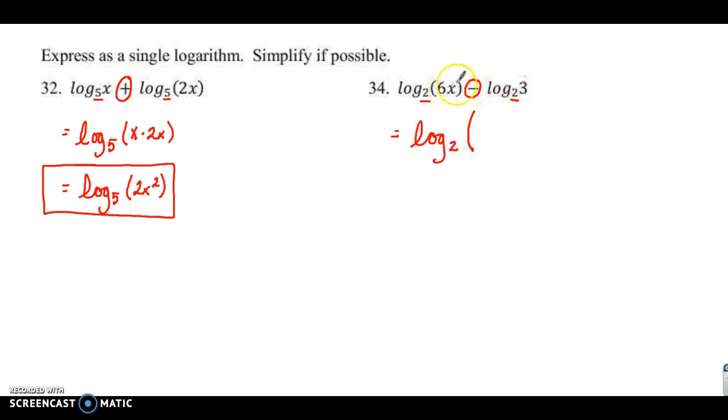And then I'm going to be subtracting, or in this case, dividing 6x divided by 3. Which I can clean up a little bit, and I'll have log base 2 of 6x divided by 3 is 2x. And that would be my single log.